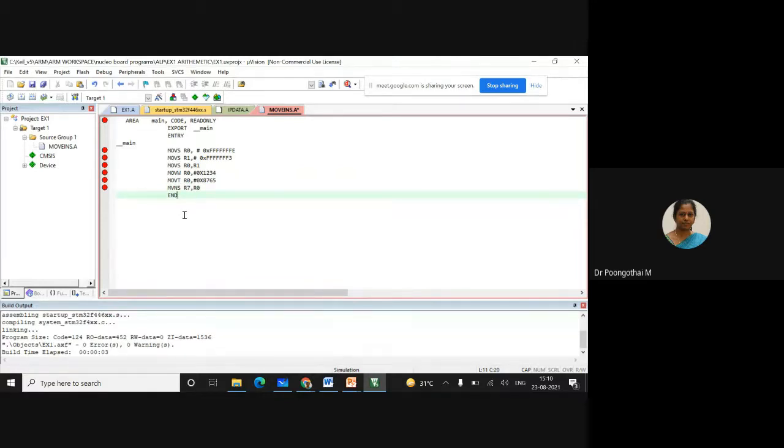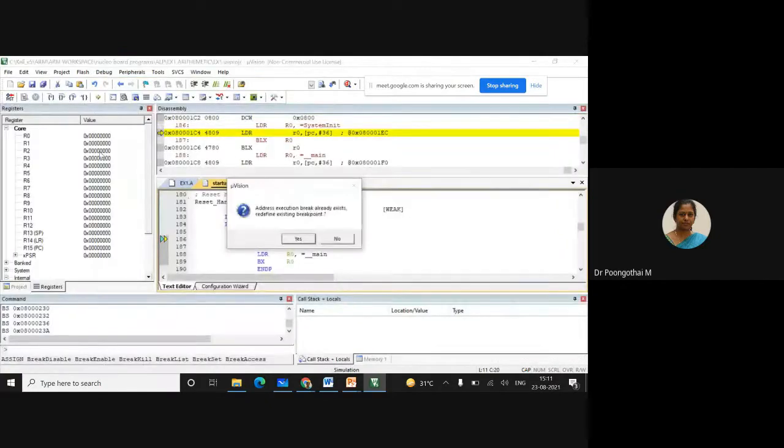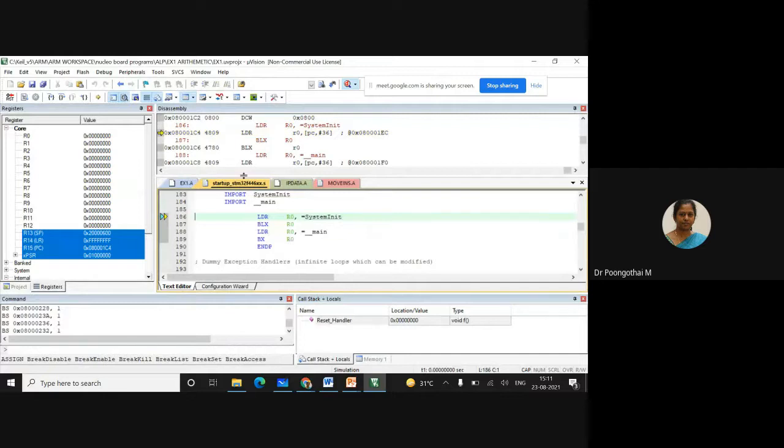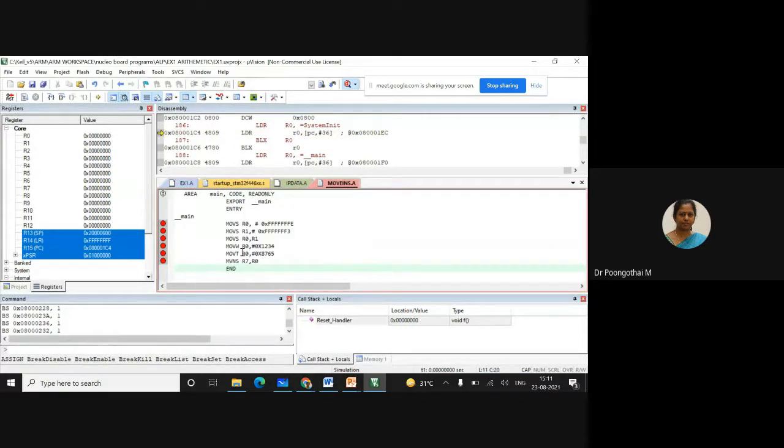So what is the purpose of this S suffix? It is used to update the flag status in the APSR register.